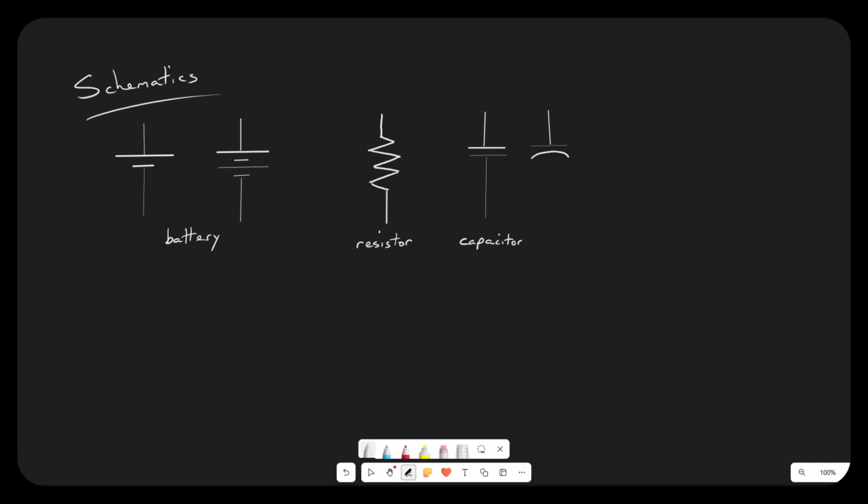It's still a capacitor. So that's a capacitor. The battery will pretty much, unless you're going into more electrician type of work, look like this. A capacitor will look like this. It's possible you see this, but a capacitor will pretty much always look like this guy on the left.